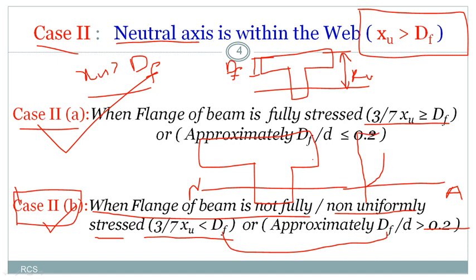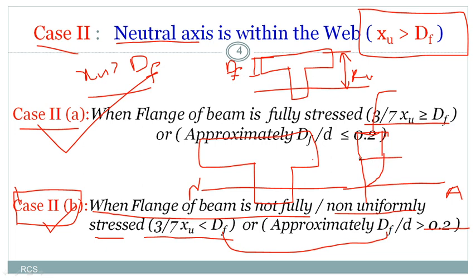It will vary rectangularly from the strain 0.002 to the maximum compressive strain of 0.0035. This we discussed when we were analyzing rectangular beams. So this is the maximum strain, and this corresponds to the 0.002 strain.